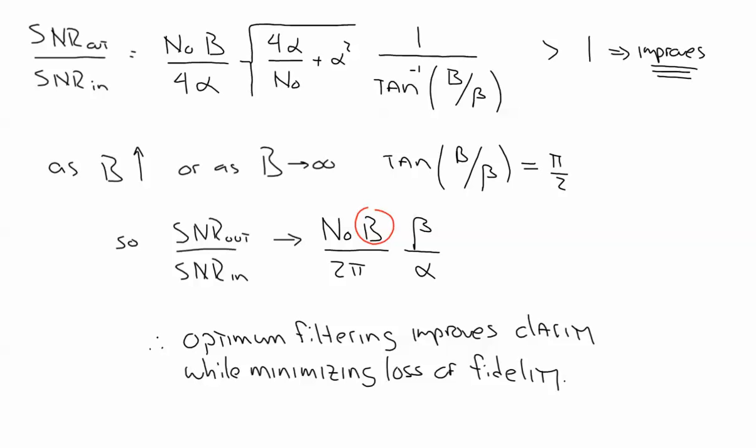And then we designed the optimum filter and showed that after optimum filtering, the noise power at the output of my optimum filter remains finite. It doesn't go to infinity. And furthermore, there is an improvement in the signal-to-noise ratio. Okay?